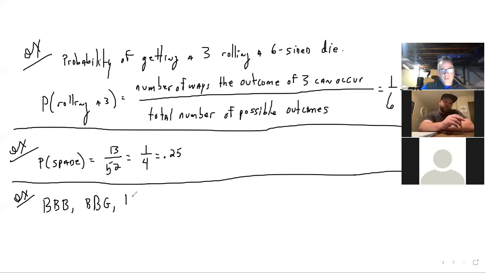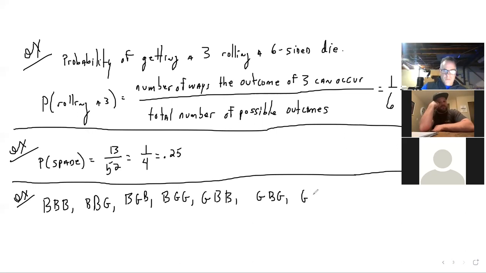Could it be boy, girl, boy? Could be boy, girl, girl. Could have been girl, and then second and third were boys. Could have gone girl, boy, girl. Could have been girl, second girl, third boy. Or girl, girl, girl. Now count them up. They're 1, 2, 3, 4, 5, 6, 7, 8. All right. And that's it.